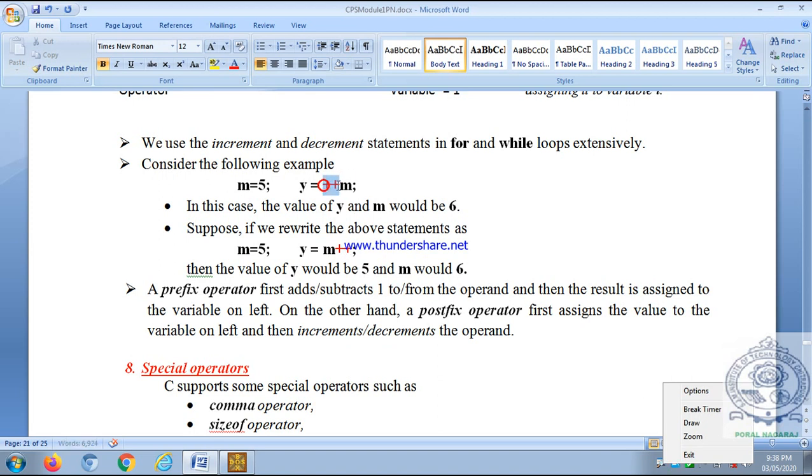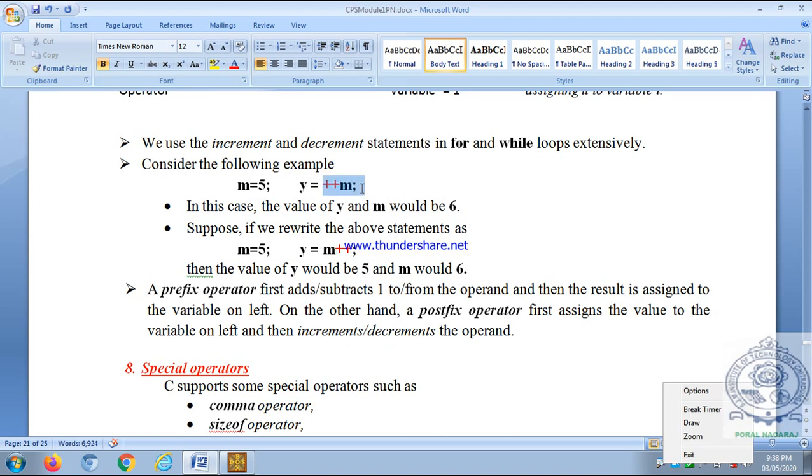The earlier one was increment and use. So first use the value of m. What is the value of m? 5. Use it means first assign 5 to y. So y becomes 5, m is also 5. Then plus plus means now m becomes 6.